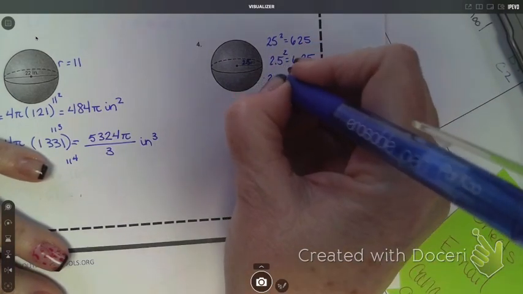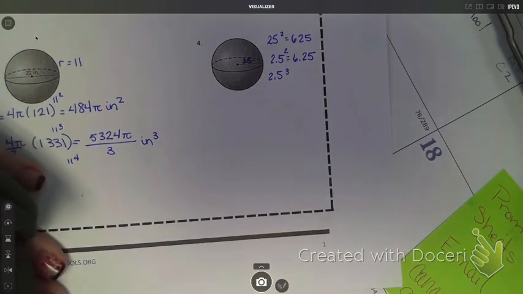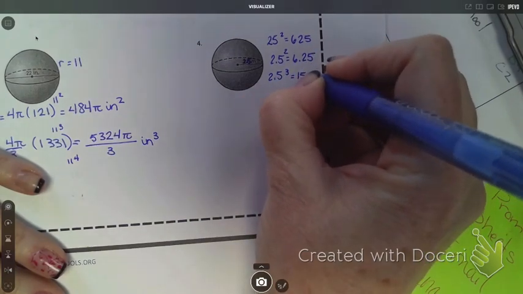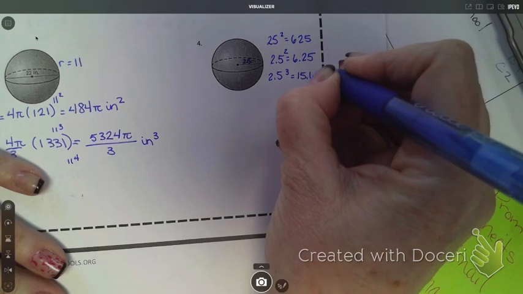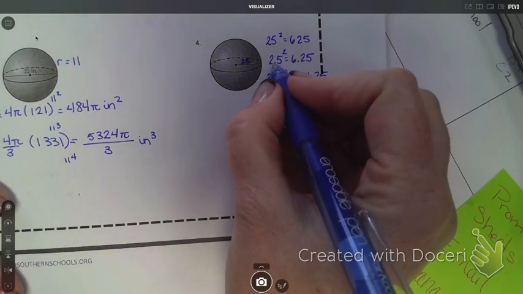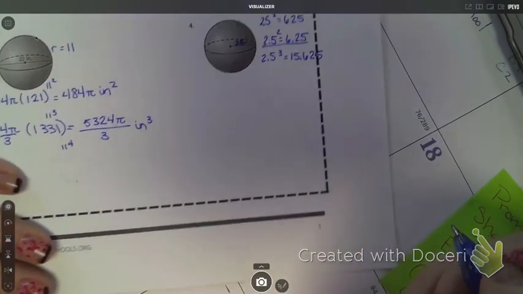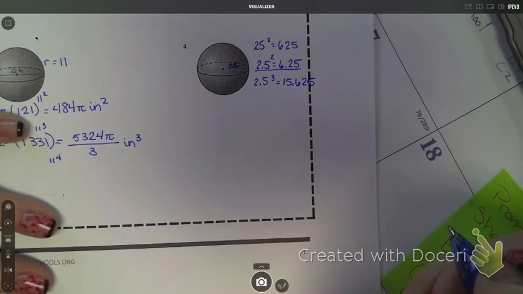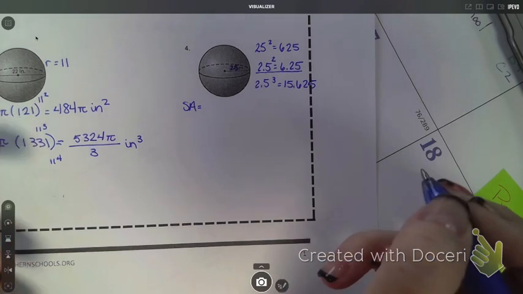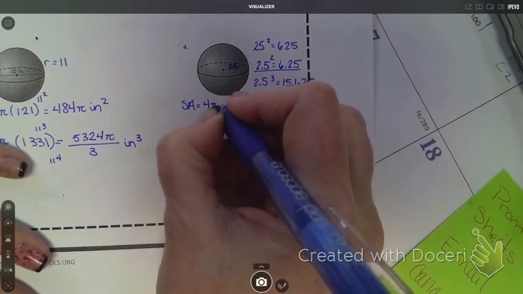And 2.5 cubed, I'll give you that one, is 15.625. What's 6.25? It's 2.5 squared right here. Oh, why am I wrong? 6.25 times 4. Right, so now you gotta do that. Well, you can multiply times 4. You can do it.